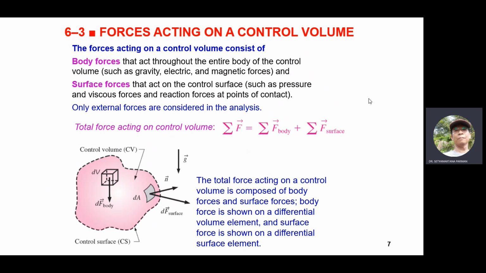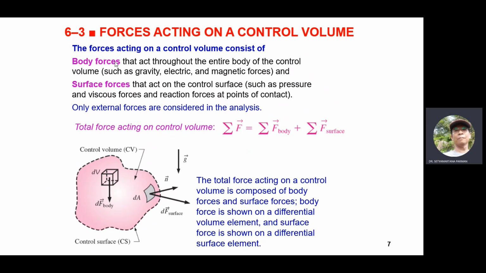Okay, the third part of this chapter is the forces acting on the control volume. The forces acting on the control volume consist of several forces, and we classify them into two types. The first is body forces. The second is surface forces.